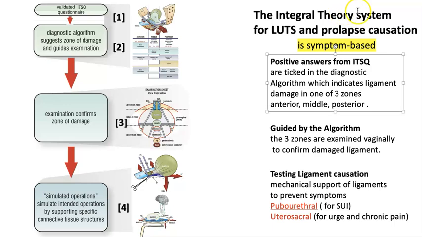The integral theory system for lower urinary tract symptoms and prolapse causation is symptom-based. So we start off with a validated ITSQ, integral theory symptom questionnaire.